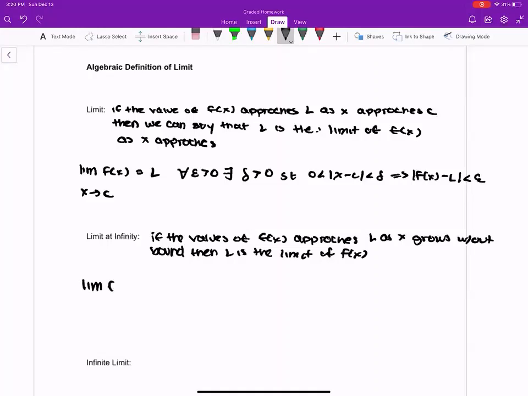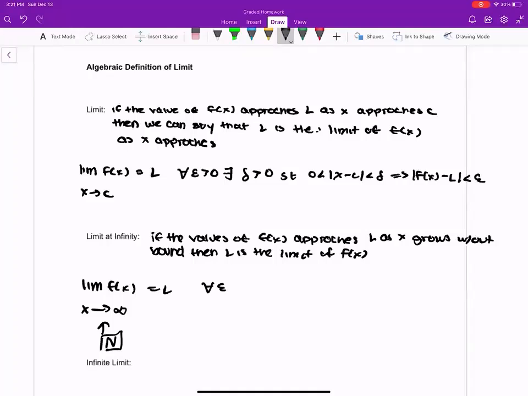So limit of f of x as x approaches infinity equals L. So here, instead of writing delta, you'd write n instead. And this is a very easy way to classify if you need to write n or delta.